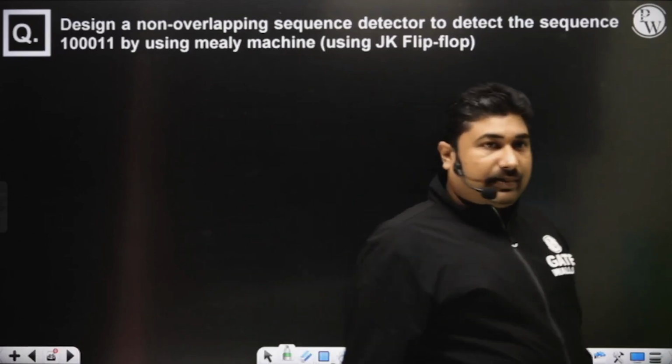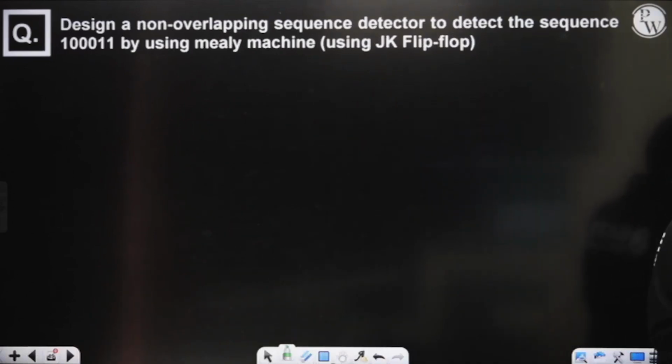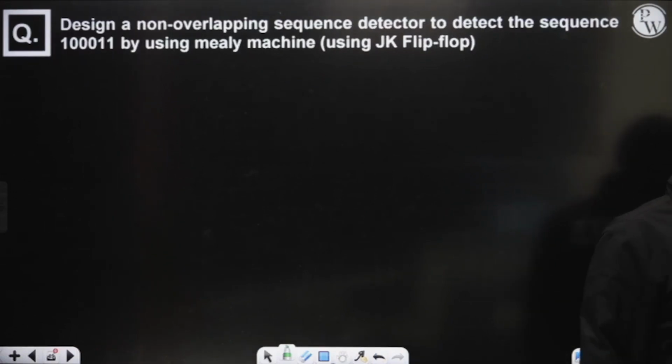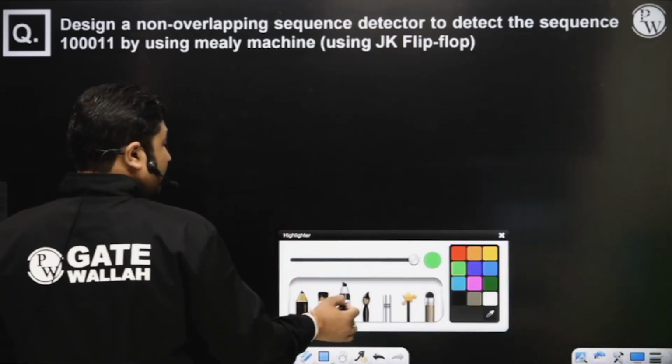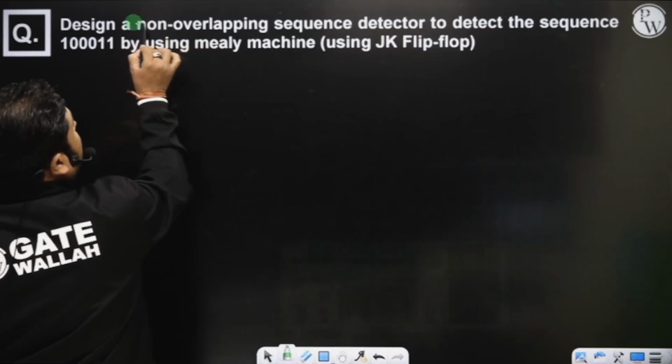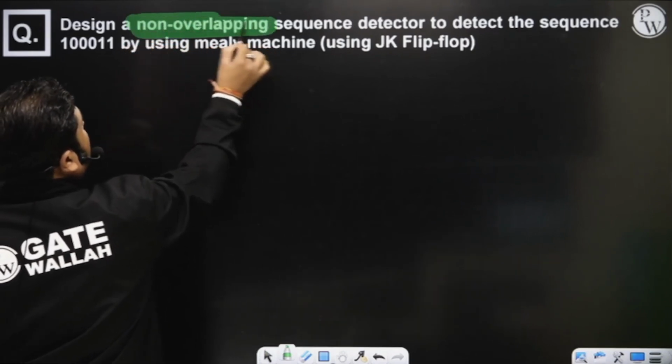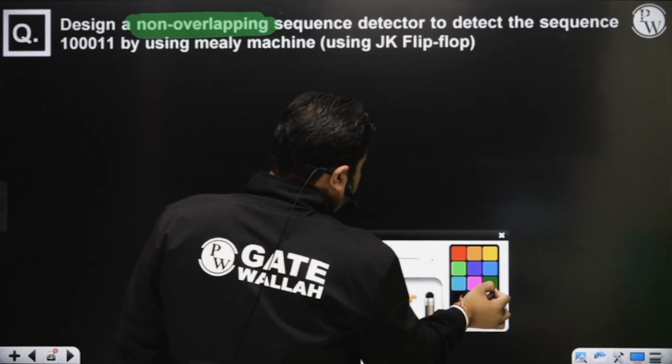Let's take an example. I'm interested to draw one sequence detector, okay? Design a non-overlapping sequence detector, I'm taking the concept of non-overlapping. In the same fashion, you can design anything, overlapping or non-overlapping.